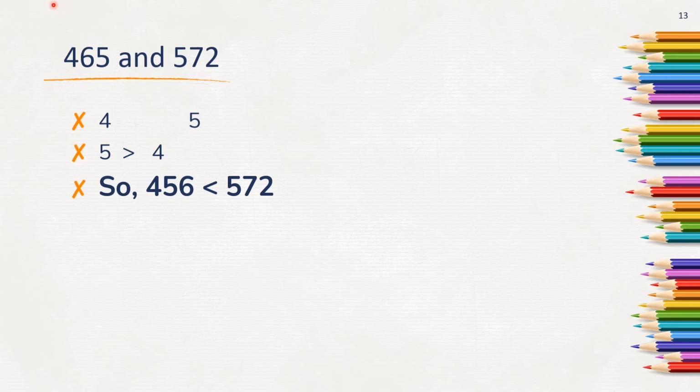Look at one more example. Here, in the given numbers 5724 and 5656, on the leftmost side the numbers are the same. In the first number it's 5 and in the second number it's 5. Then how do we compare? We have to move to the second leftmost digit. Here in the first number it is 7 and in the second number it is 6.